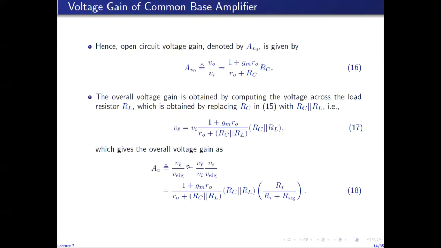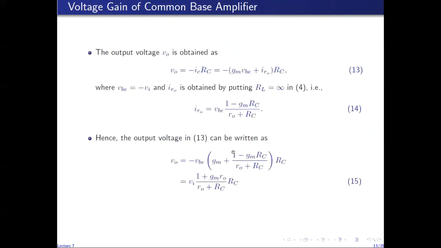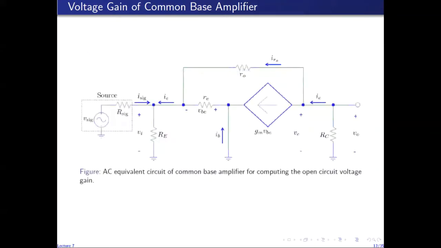So the overall voltage gain VL over Vsig is VL over Vi, times Vi over Vsig. Vi over Vsig takes into account the effect of loading on the input side.